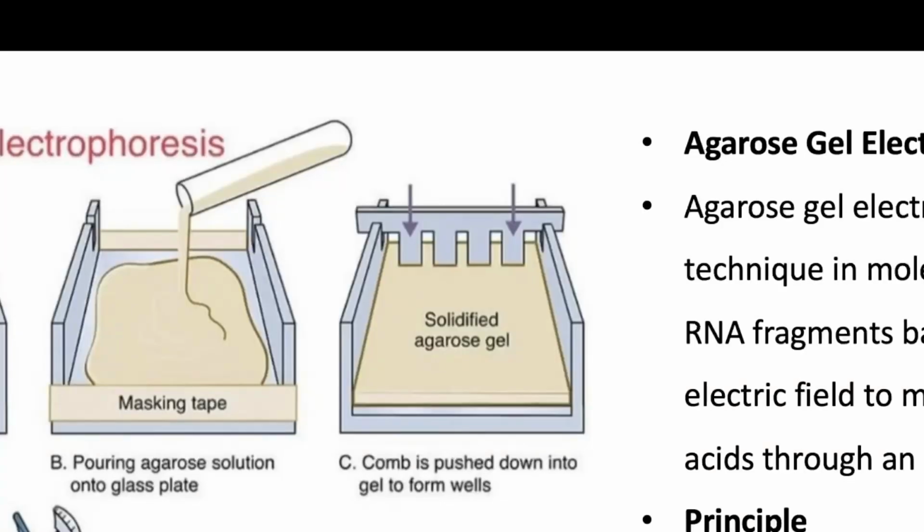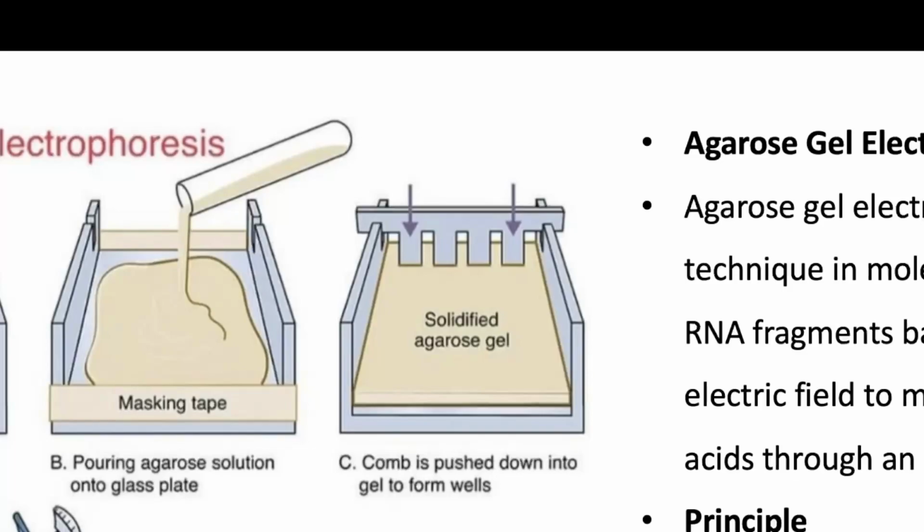Now what is agarose gel electrophoresis? Agarose gel electrophoresis depends on the principle that larger sizes of nucleic acid or DNA or large molecules travel slower through an agarose gel.